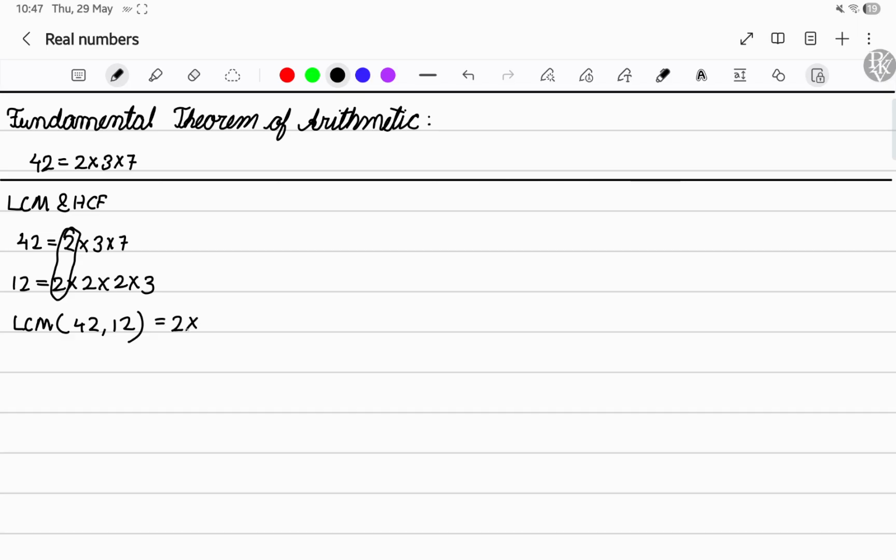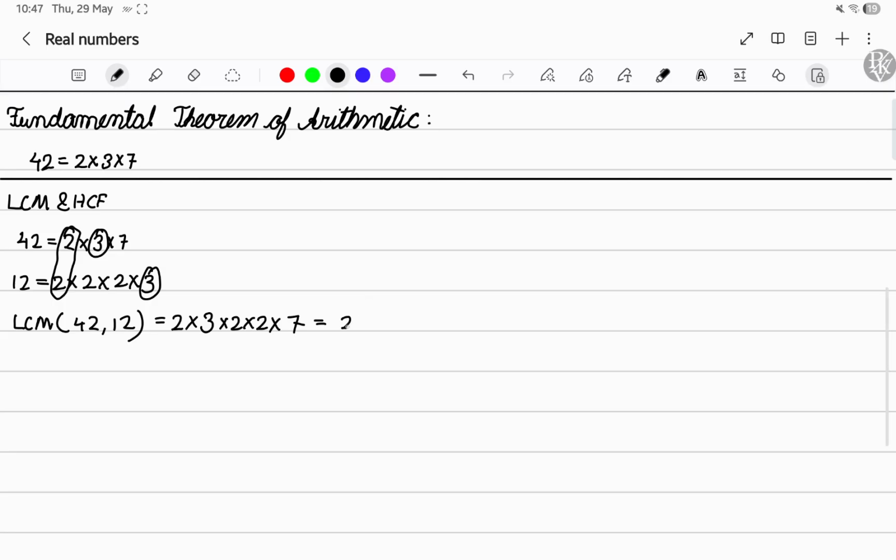So you write 2. A 3 and a 3 is common, so you write 3. Now the rest of the numbers you need to write for LCM, and the product of all these will be the LCM of 42 and 24.